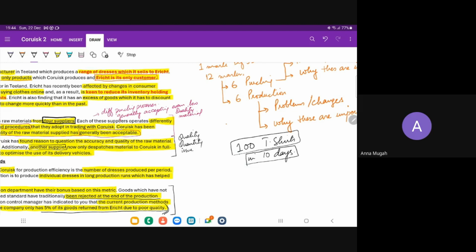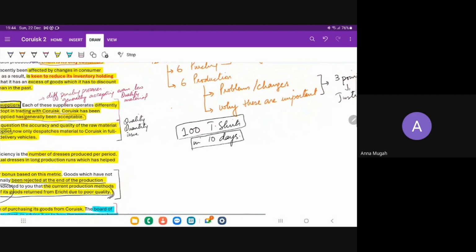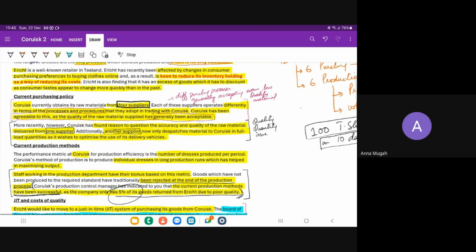Because if the quality standards say that 5% are not up to the mark, so out of 100 t-shirts, 5 are not up to the mark, then he has to return them and we are supposed to rework. Ultimately, we can end up losing that customer, and we have only one customer. That's the problem, right?